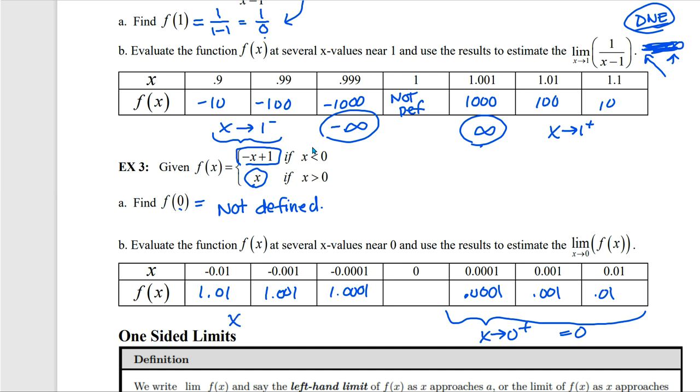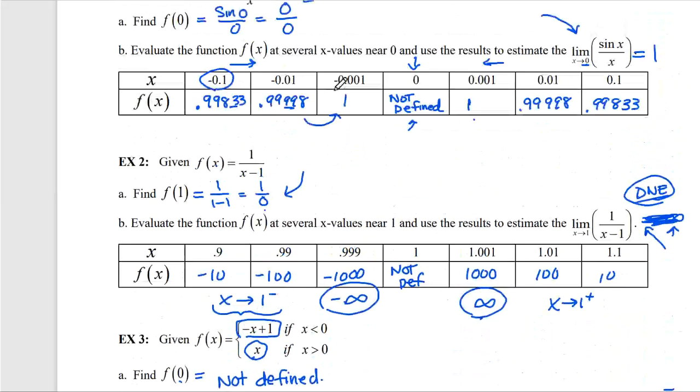Looks like as my x values are approaching 0 from this time the left, it looks like my f of x is approaching 1. And see, on this side and this side, they do not match. So you would also respond to this saying does not exist. They have to agree, like they did in example number 1. Okay, I hope that's helpful.